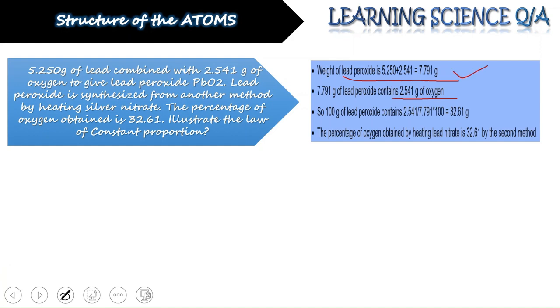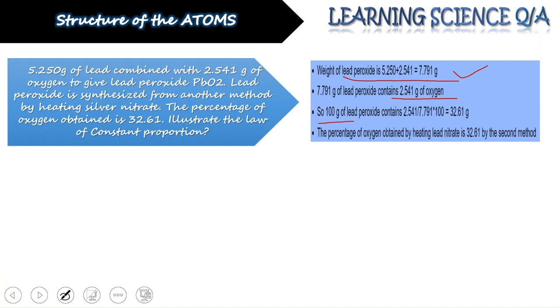So if we have 100 gram of lead peroxide, that would have around 32.61 gram of oxygen. Why? Because we will simply take the percentage of oxygen in 100 gram of lead peroxide.